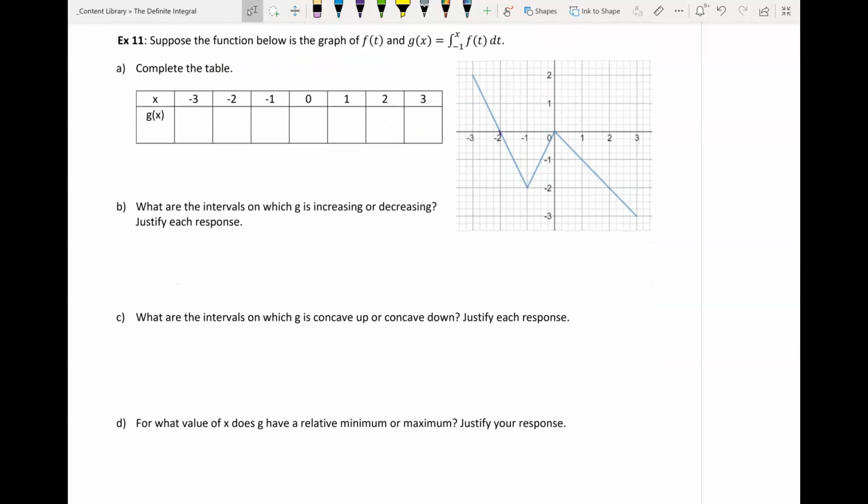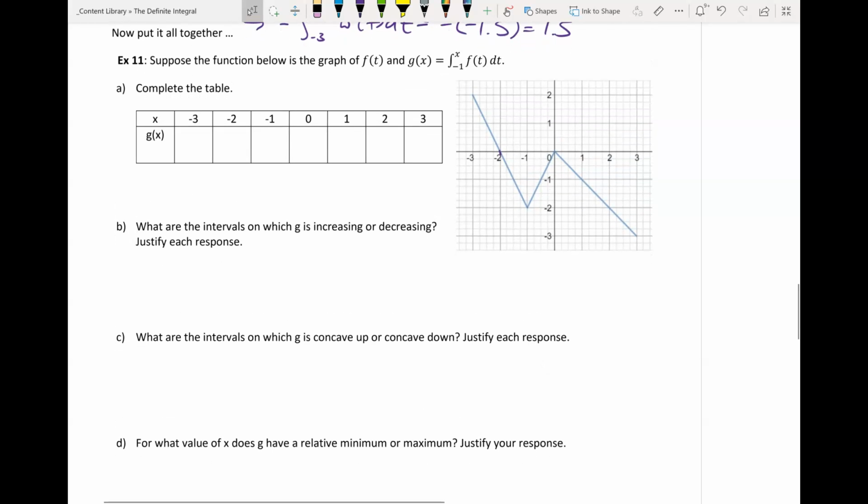For the next example, we're going to put it all together. The graph that's given to us is f of t. And we've also been given the function g of x, which is the integral from negative 1 to x of f of t dt. To complete this table, we're going to plug in all those different x values into our g of x to find what value we're going to get for g of whatever the x value is.